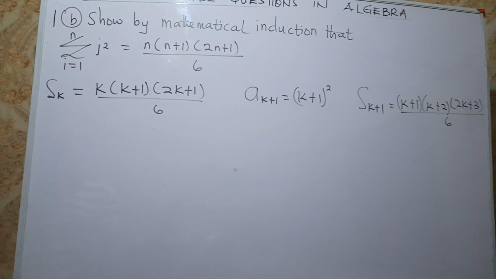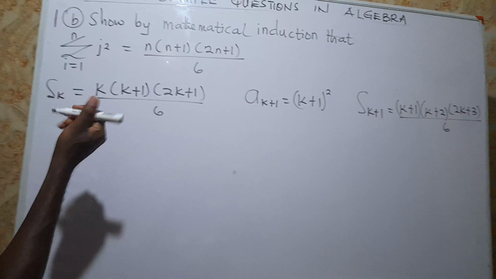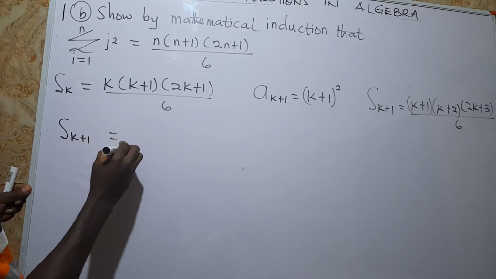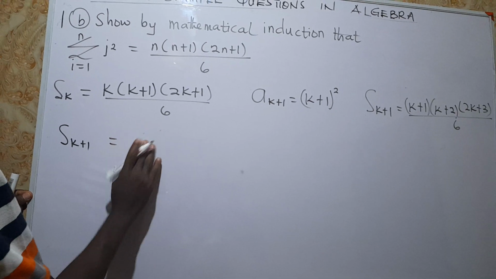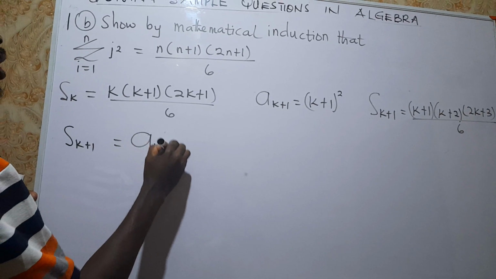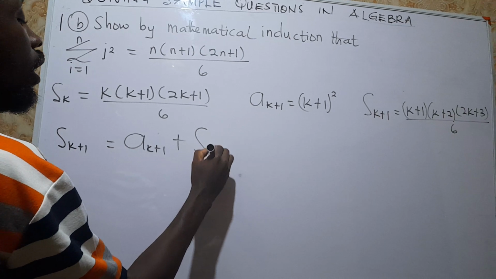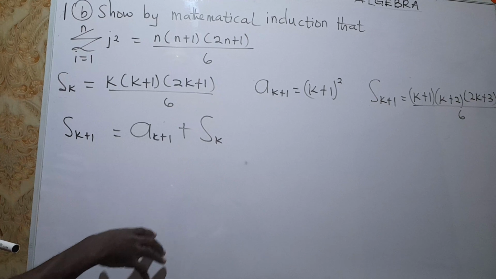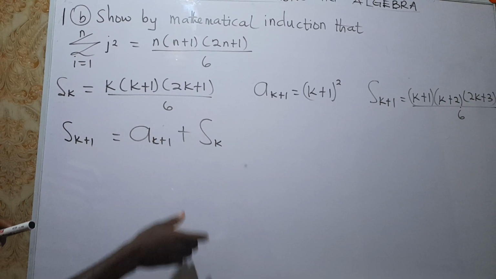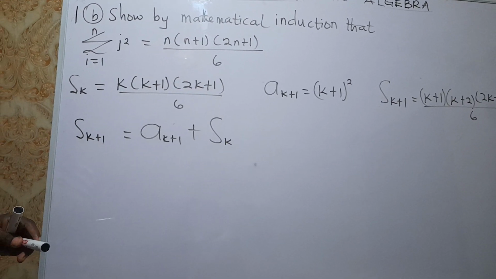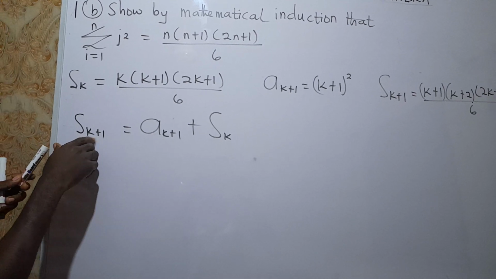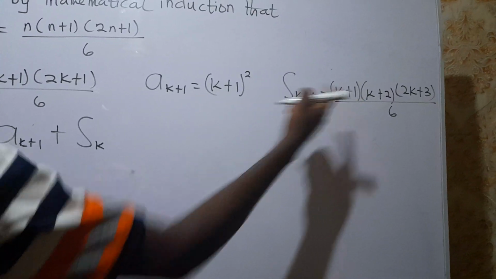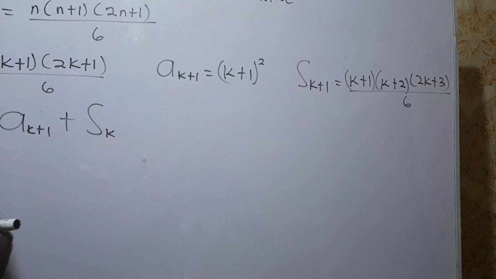So in sequences, we know that if we have s_(k+1), it should be equal to a_(k+1) plus s_k. We know that. So when we substitute this, and the left hand side is equal to the right hand side, then we can conclude this is true. We know our s_(k+1) to be (k plus 1)(k plus 2)(2k plus 3) all over 6.